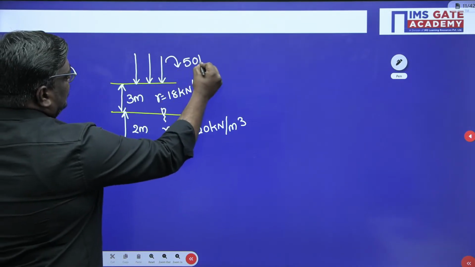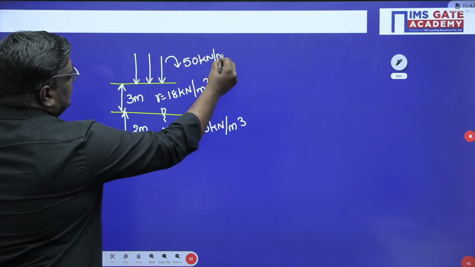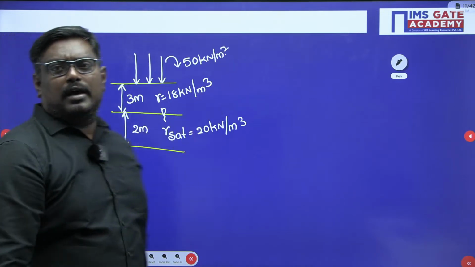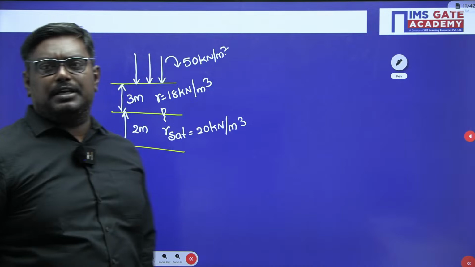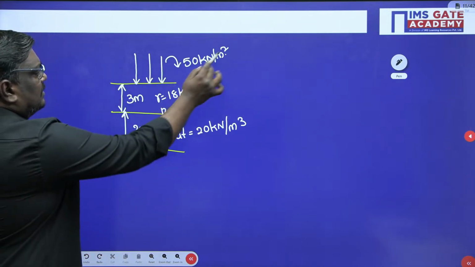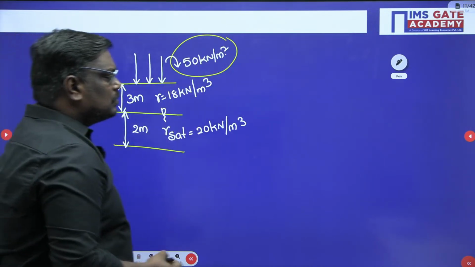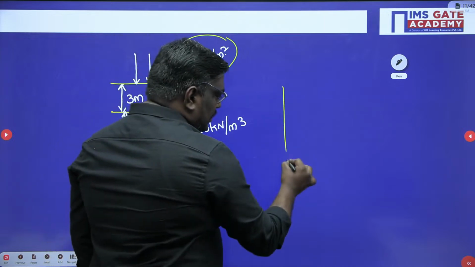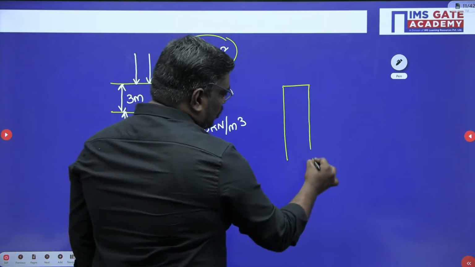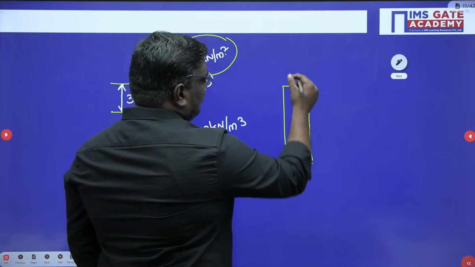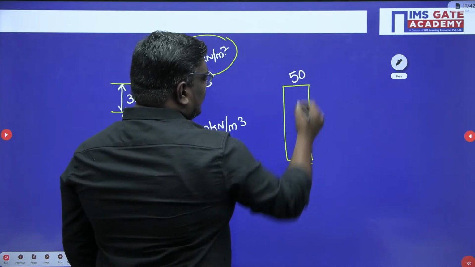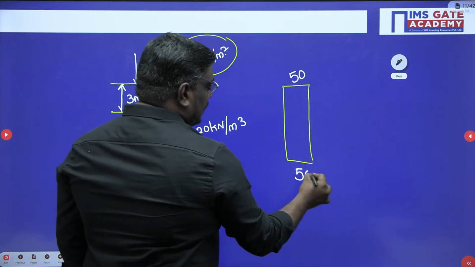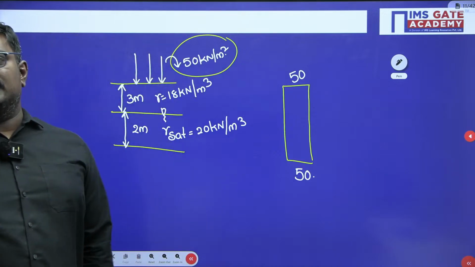Now my dear students, I have discussed different cases here. Let me check, Arvind. So what is the value, sir? It is 50. So 50 will be uniform throughout the case. It will be 50 here and also 50 here. Now see how easily I will solve.